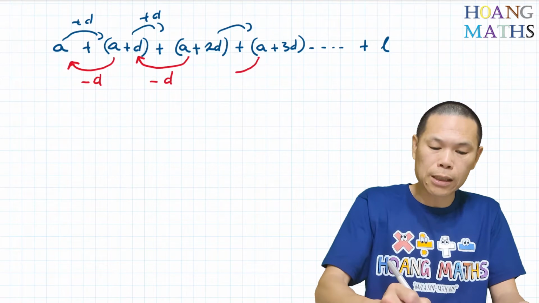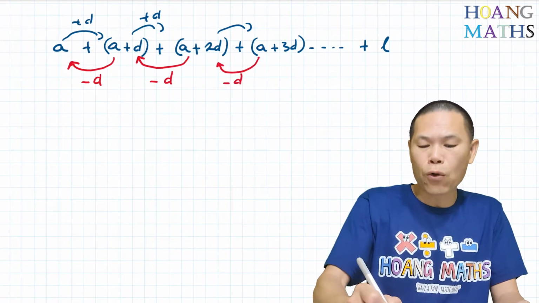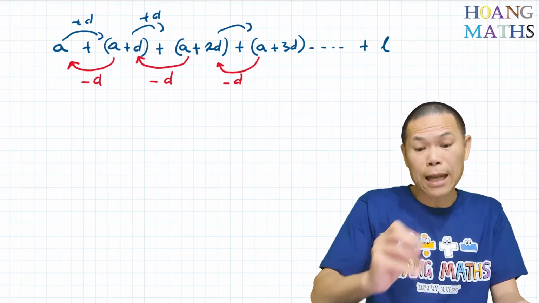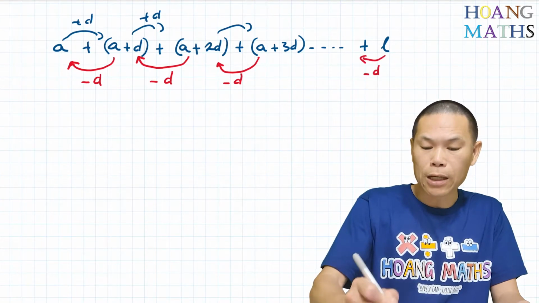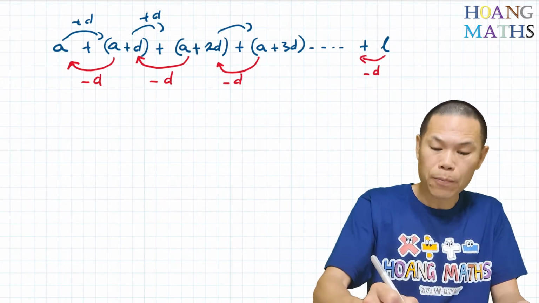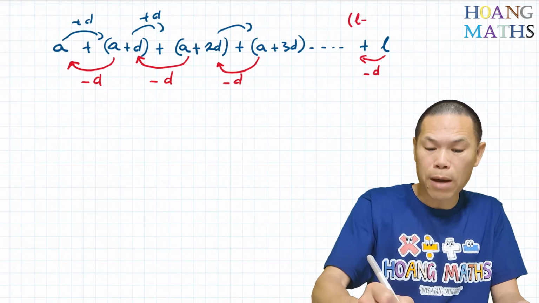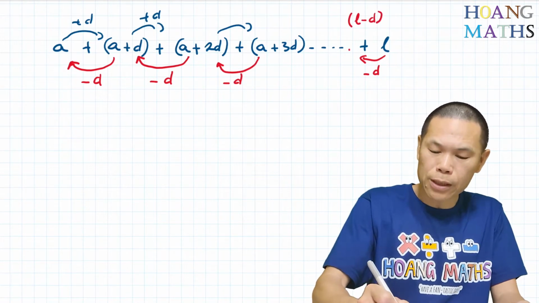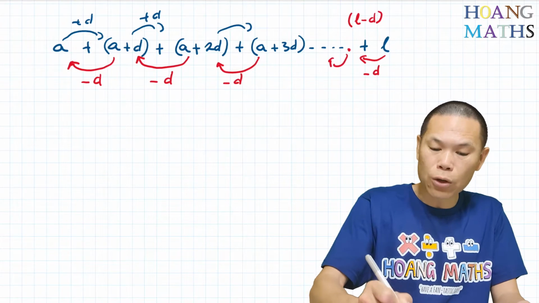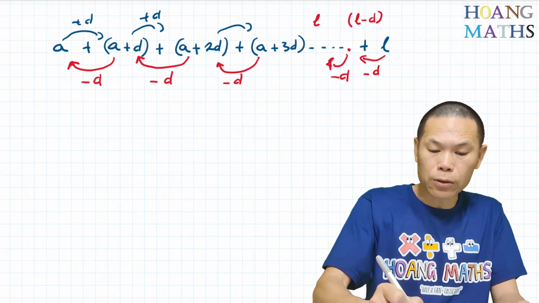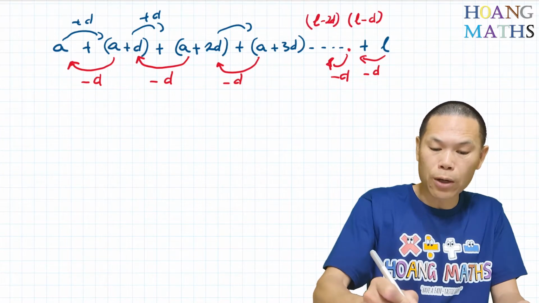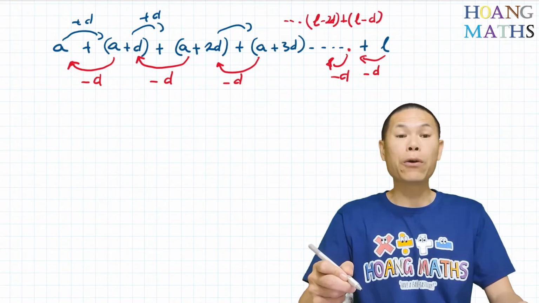So for the last term, to get the second last term, we just go from here to here, we minus D. So this term here is L minus D. And from this term to this term is also minus D, so this one here is L minus 2D, and so on. That's how it works.